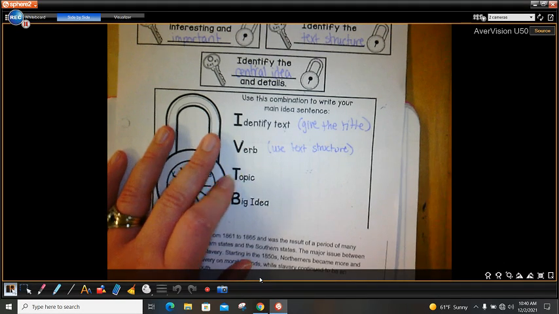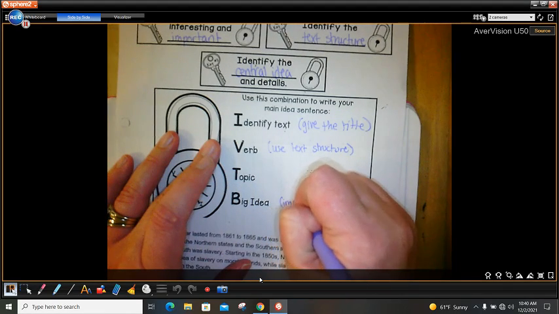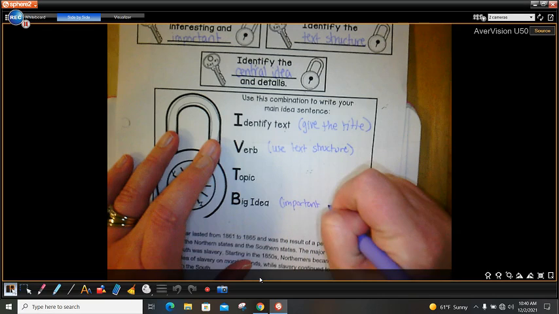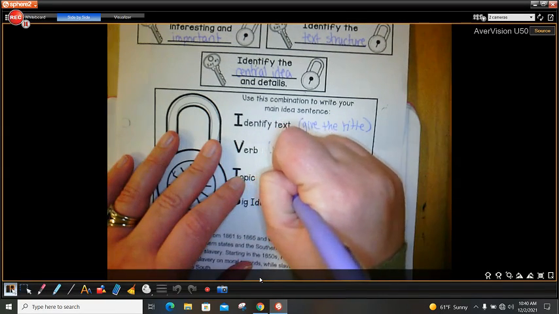We're going to identify the topic and the big ideas or important details. And actually we could do this central idea.